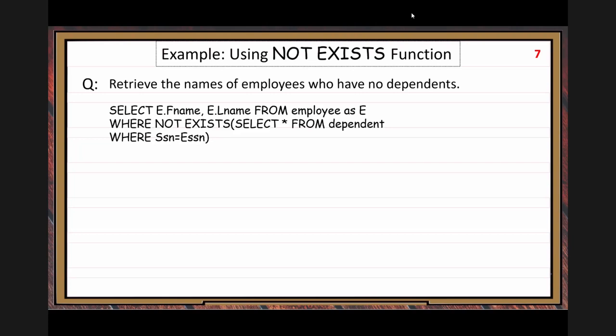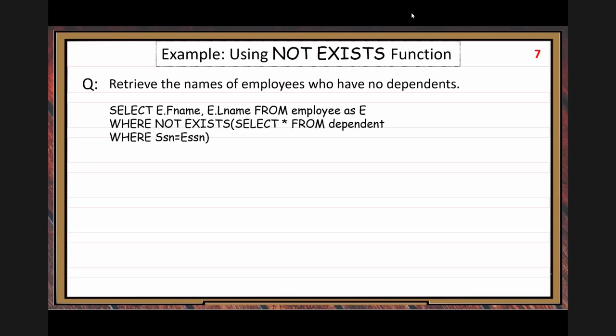So you just change that condition. In your inner query, you count the number of dependents, but equals 0. So you can also write it in that way. No dependent. All right.